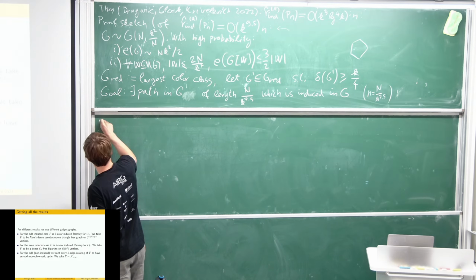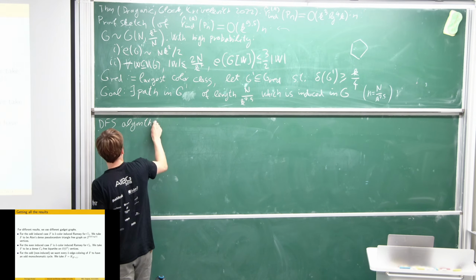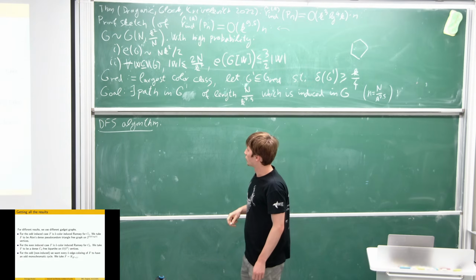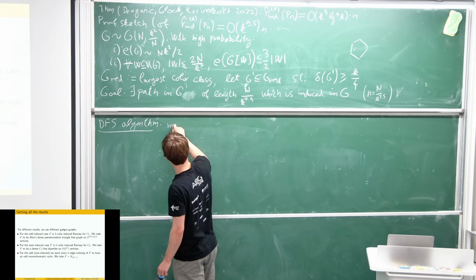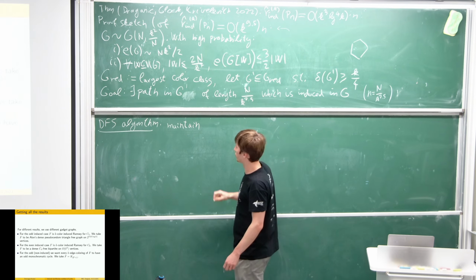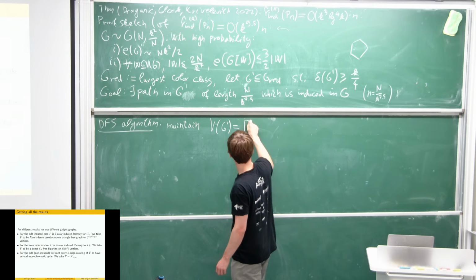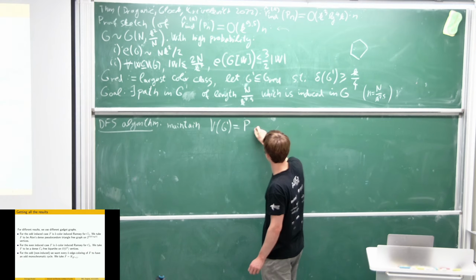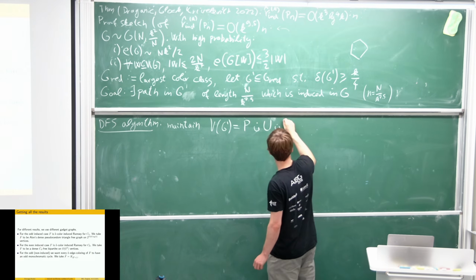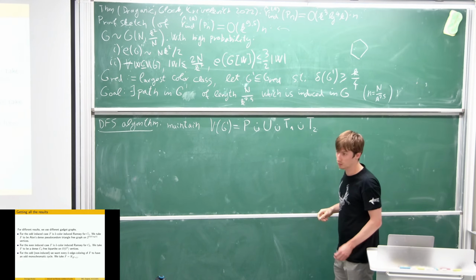And the idea here is to use a DFS algorithm. So what does the algorithm do? We maintain a partition of the vertex set of G prime into the following four sets: P, U, T1, and T2.